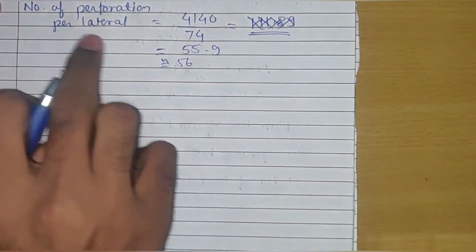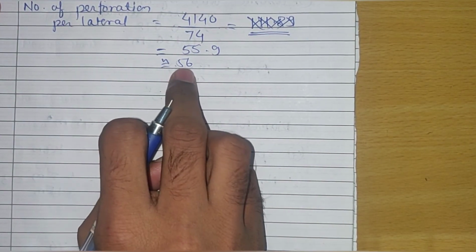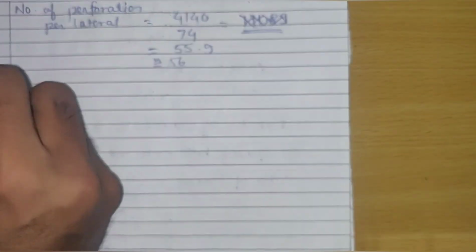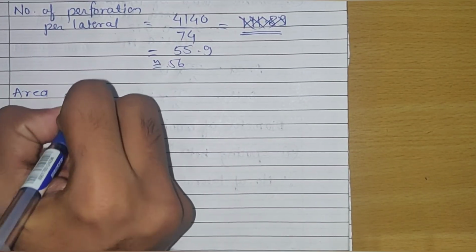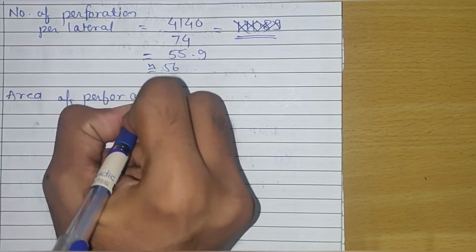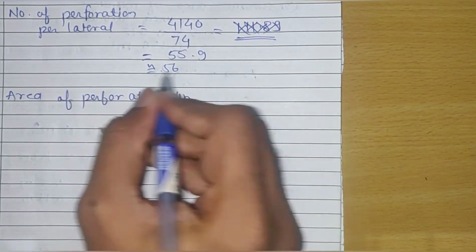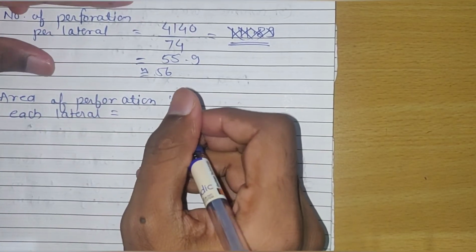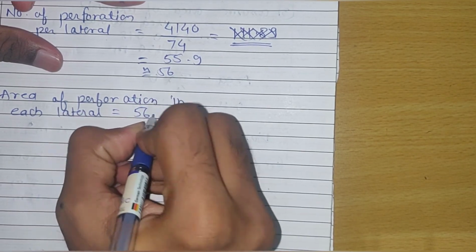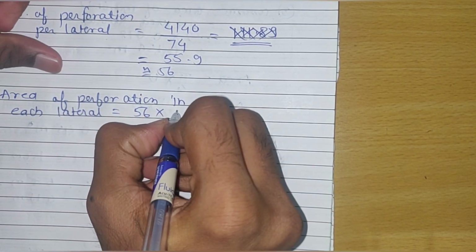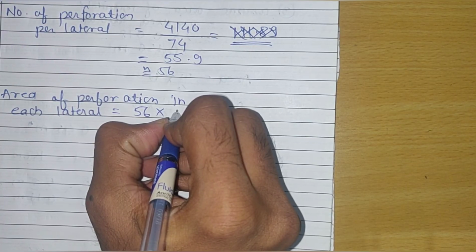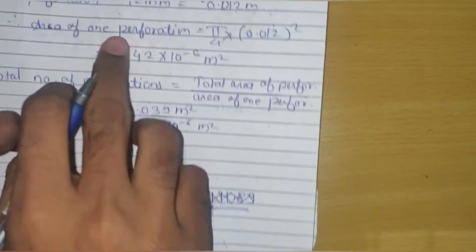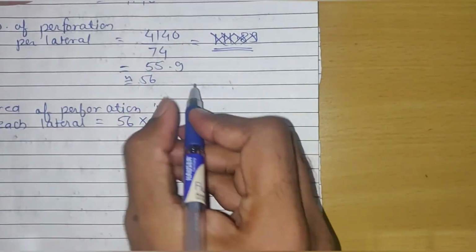So we know that the number of perforations in one lateral is 56, and we know the area of one perforation, so the area of perforation in each lateral will be 56 into the area of one perforation, 9.42 into 10 raised to minus 6.